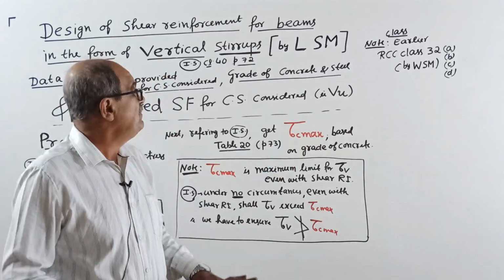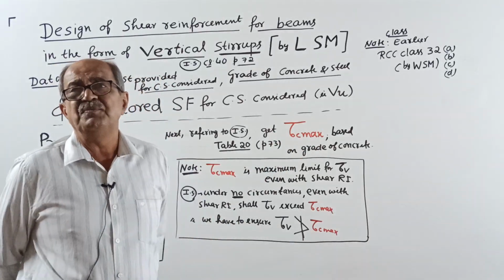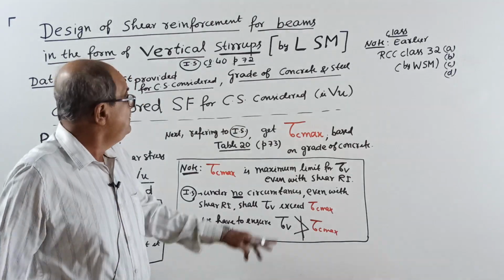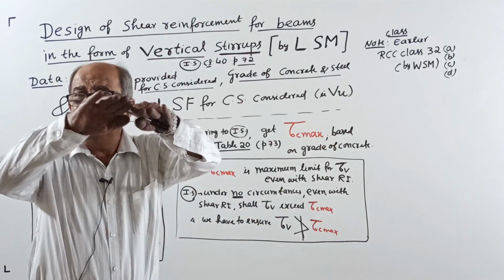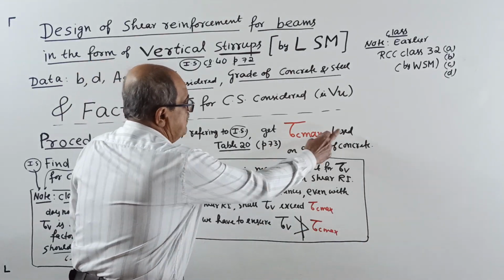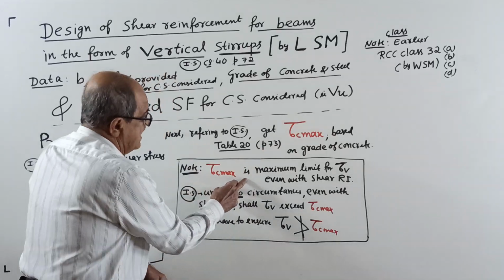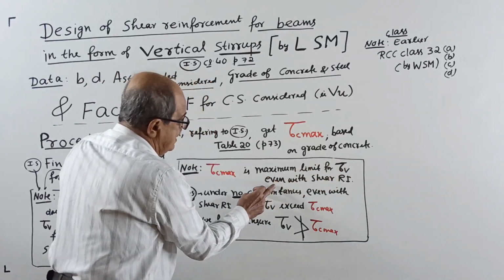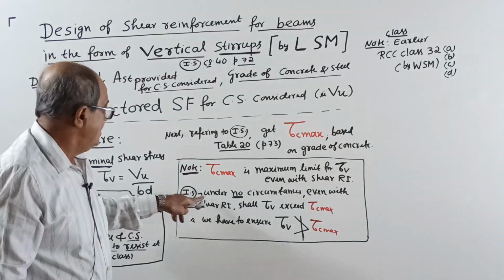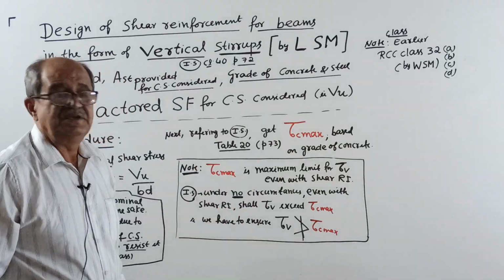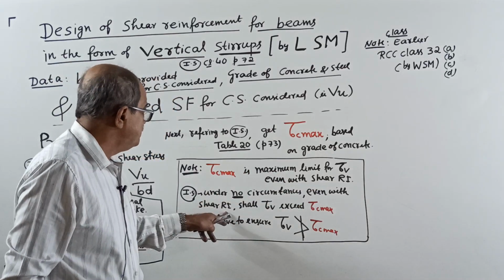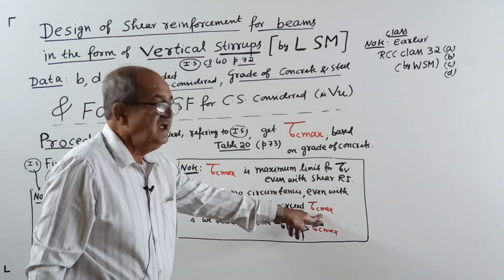This is the procedure for design of shear reinforcement. I will give the maximum possible concept within the timeline. Therefore, tau C max based on grade. Now see, tau C max is the maximum limit for tau V even with shear reinforcement. What the IS code told is: under no circumstances, even with shear reinforcement, shall tau V exceed tau C max.